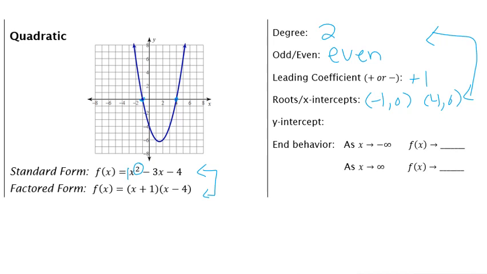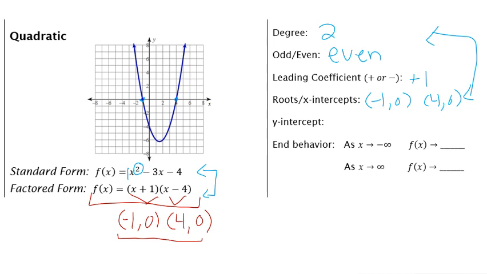If we couldn't read it from the graph, remember factored form is really nice because we can tell the x-intercepts right from the factors, like you remember from last year. If the factor is a +1, I take the opposite sign, so I could have read it right from the factored form. So just keep in mind that factored form is nice for finding the x-intercepts.